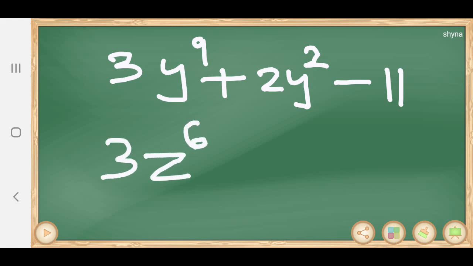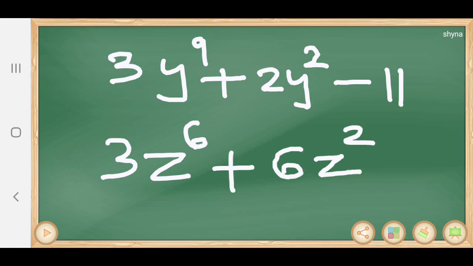3z raised to 6 plus 6z raised to 2. It is also an algebraic expression with a positive integer as the exponent or power of the variable. So that one is also a polynomial.